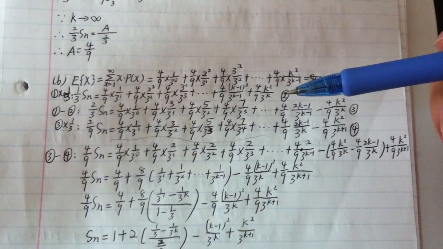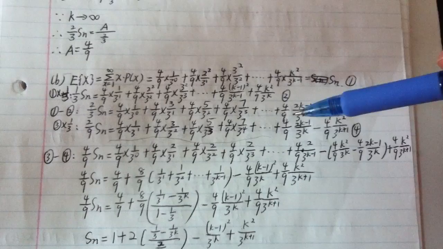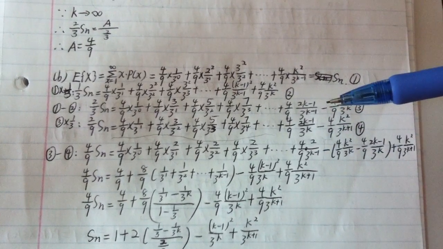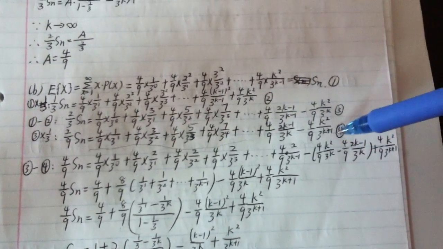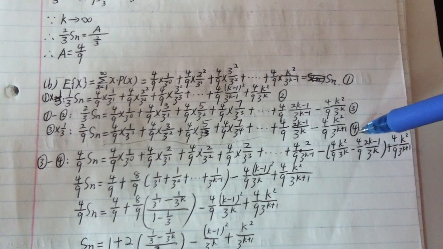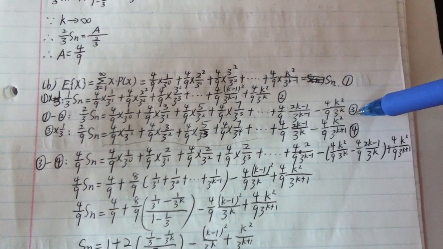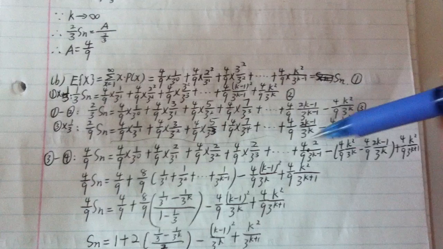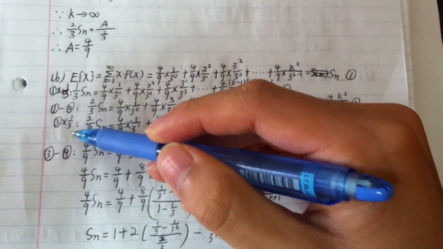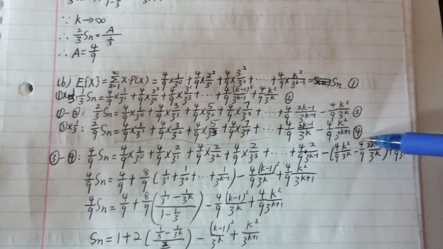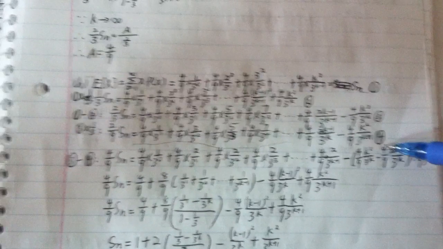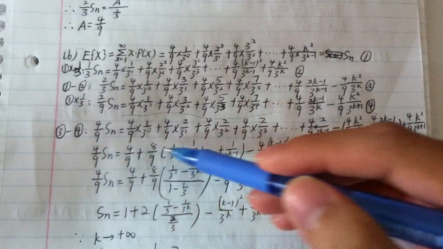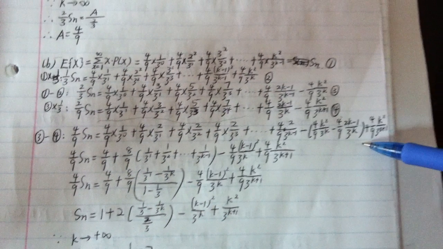Equation 3 times 1/3 gives equation 4, and equation 3 minus equation 4 gives this long equation.